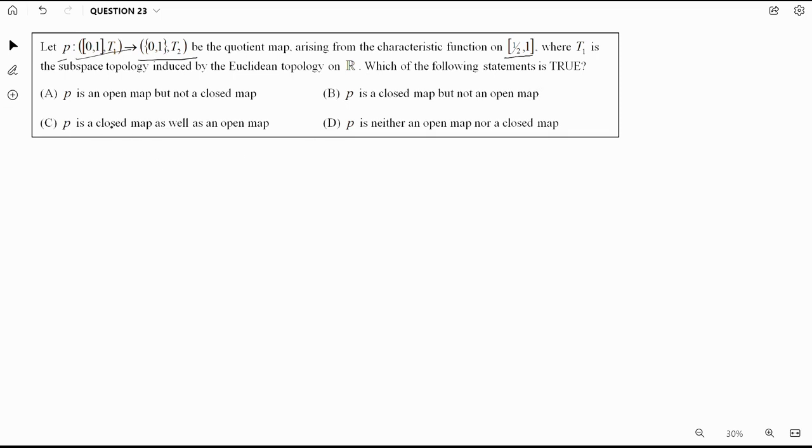In the options we are given that P is an open map or P is a closed map, so we have to find out if P is open, if P is closed. So let's get started with the solution.